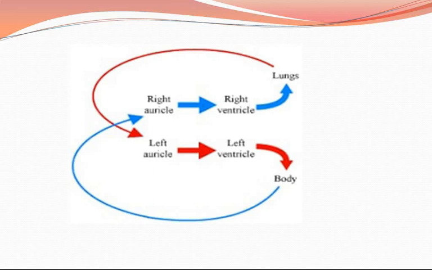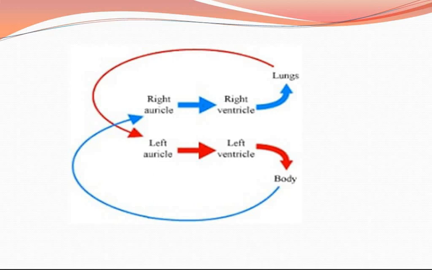So let's learn. Firstly, the right side of the heart collects deoxygenated blood from the body, which means blood enters the right auricle from the whole body and then it passes to the right ventricle. Then this deoxygenated blood enters the lungs. In the lungs, this blood gets mixed with oxygen and becomes oxygenated blood.